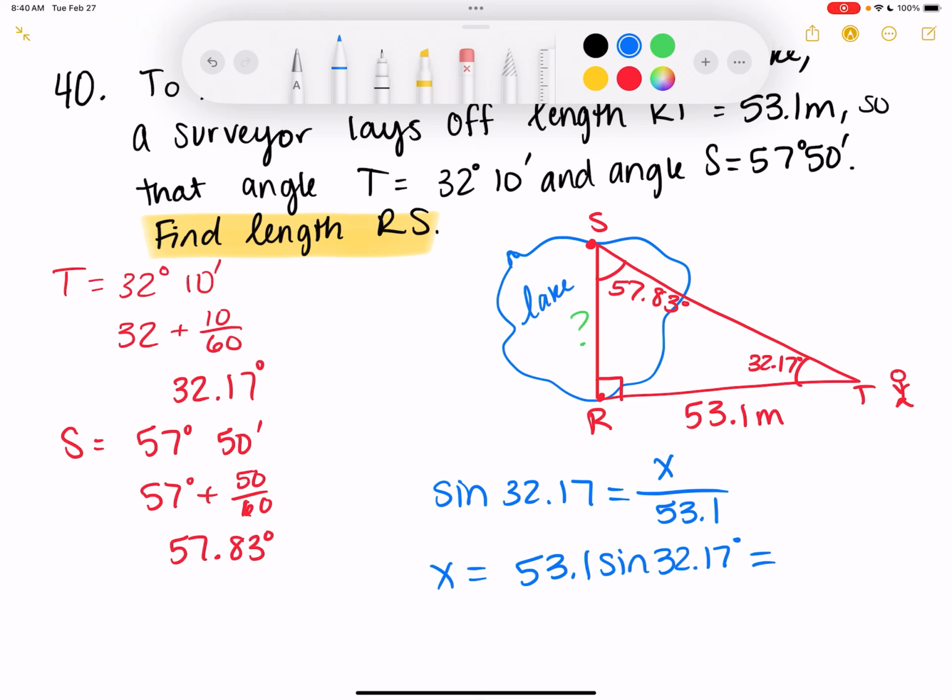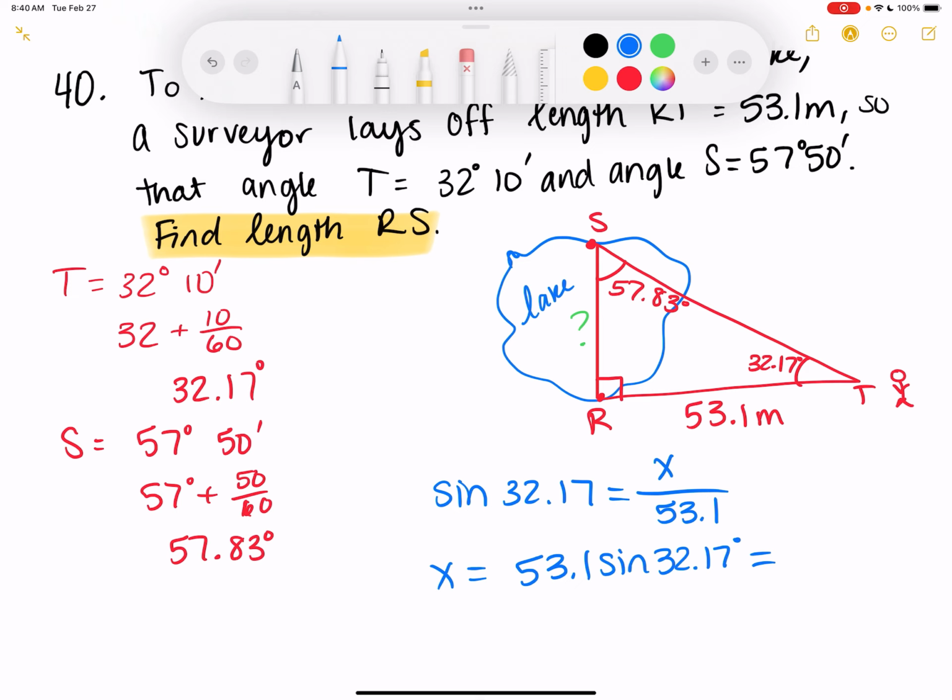48.27, I think. You might be right. Oh. We can't use sine.